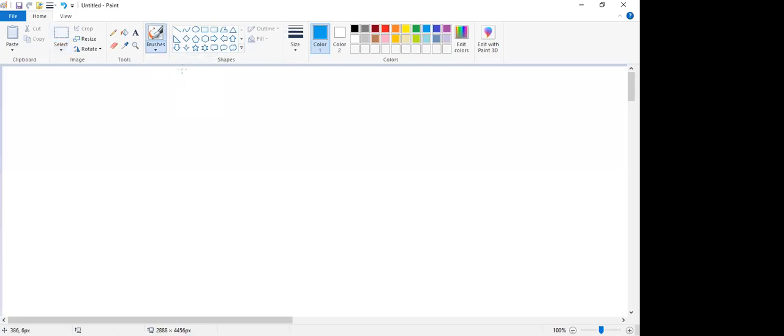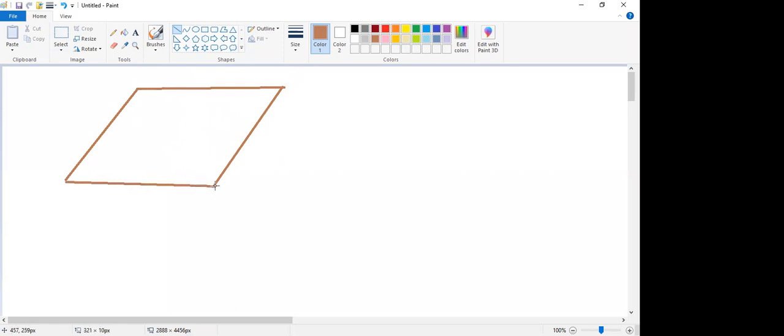If I have my parallelogram that we had originally, this was our OABC.